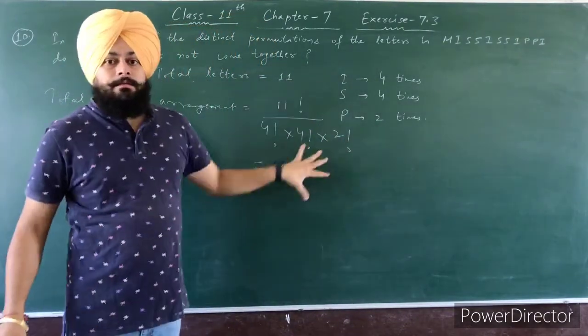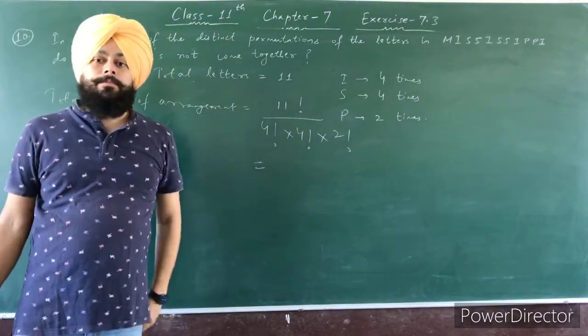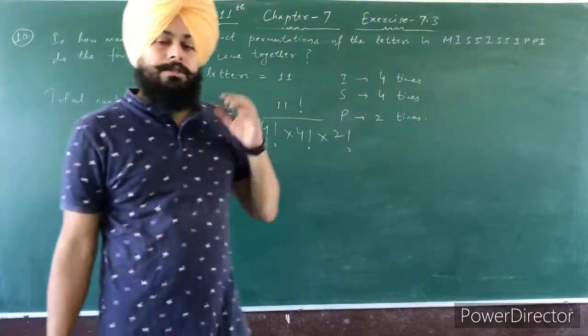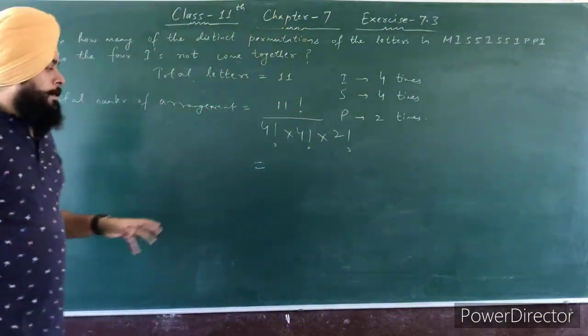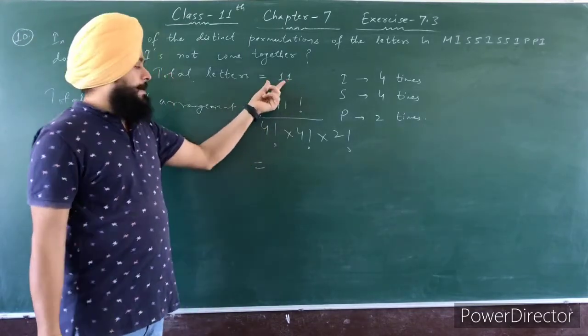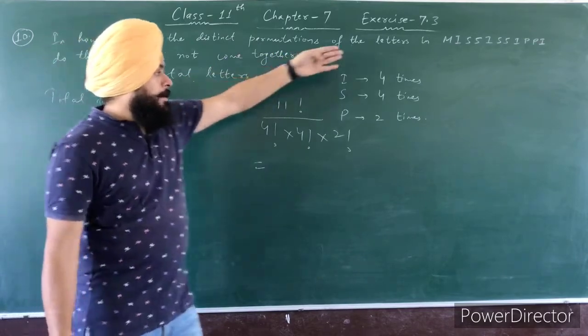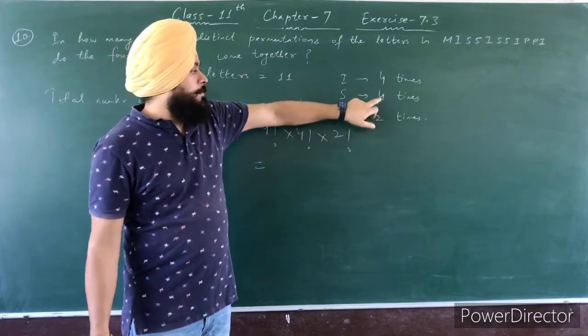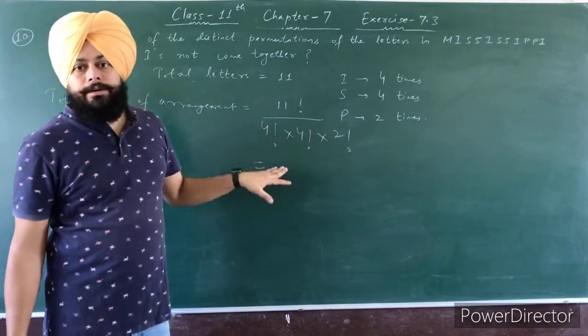After solving this, we get the total number of arrangements of this word Mississippi. So the formula is: total letters factorial in the numerator, and divided by the factorials of the repeated letters, 4, 4, 2.